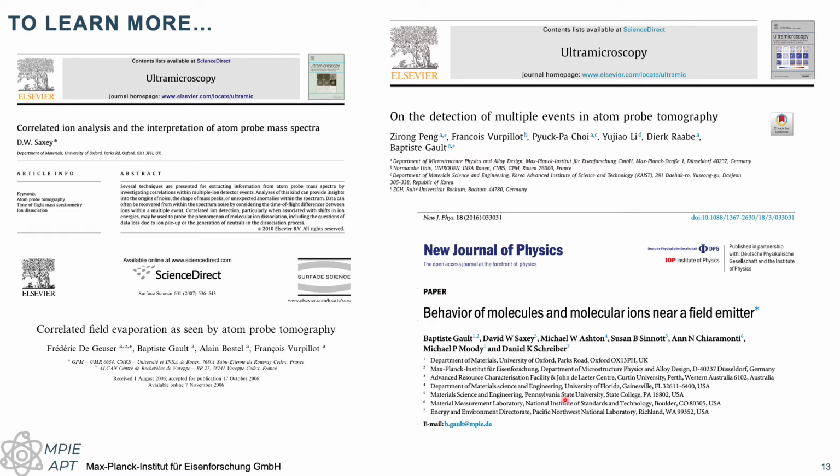On the dissociation of molecular ions, we did quite a lot of work a few years ago in gallium nitride, for example. This happens quite a lot. And also some work on trying to explain why when an atom leaves the surface, the others are going to follow closely afterwards.